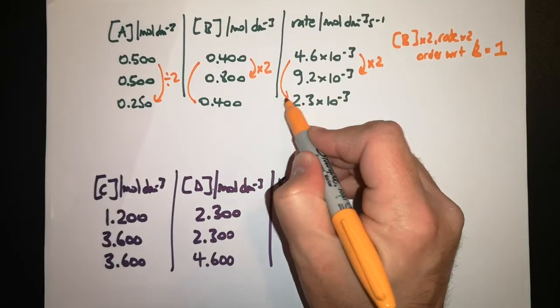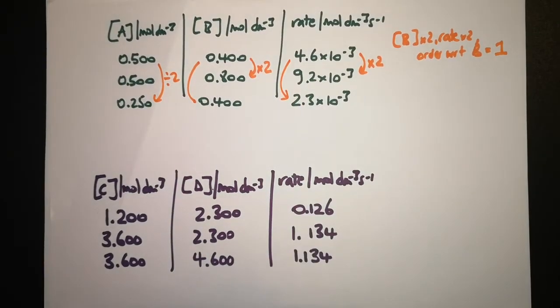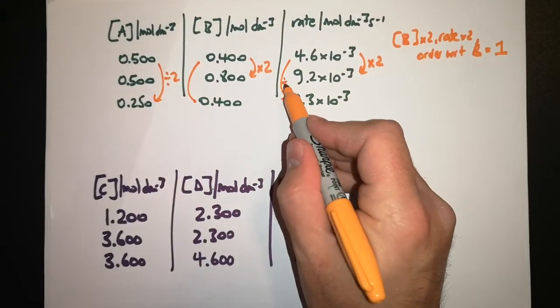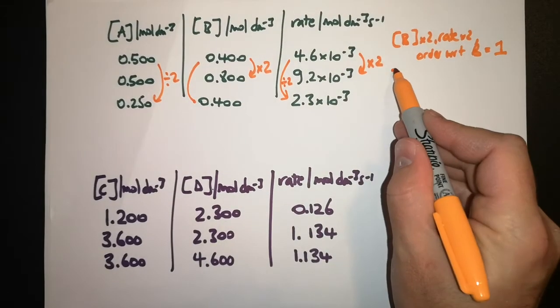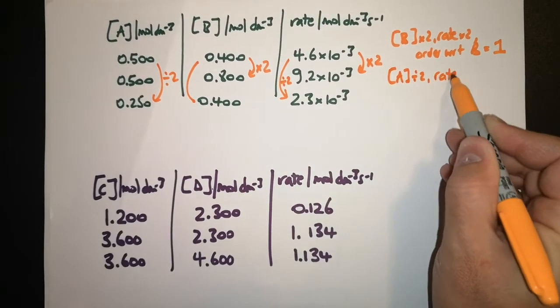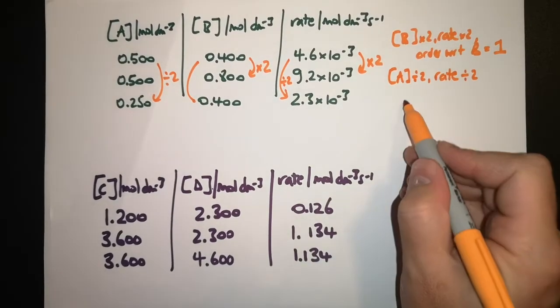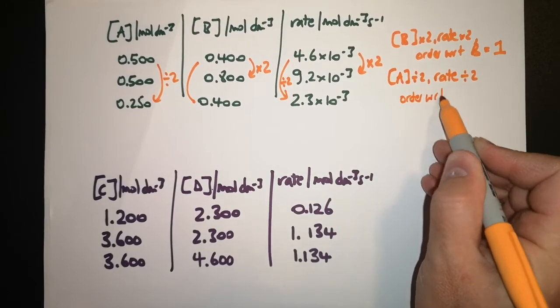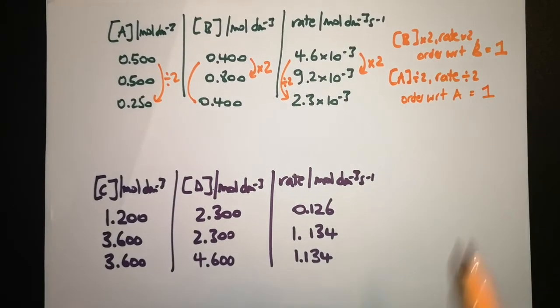What happens to the rate as a result? It's halved. So as the concentration of A halves, rate halves. So order with respect to A equals 1.